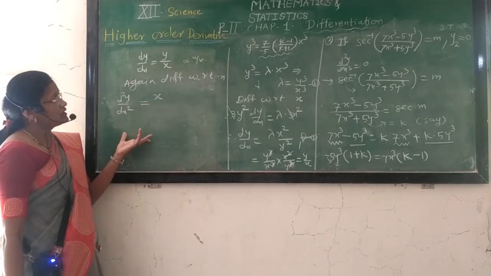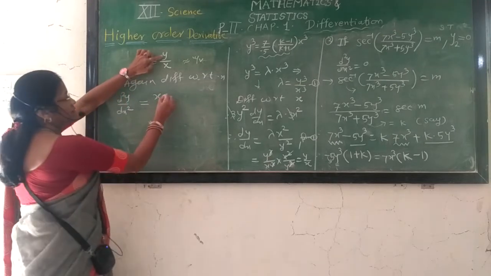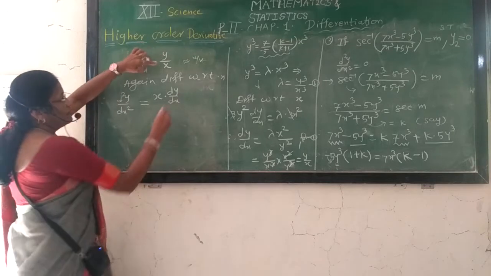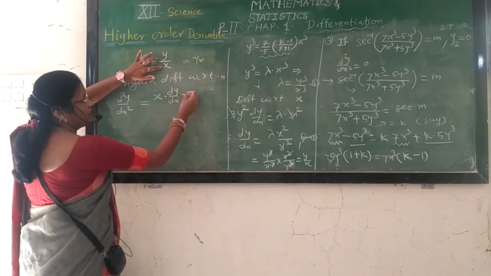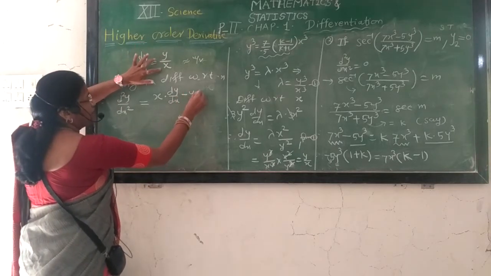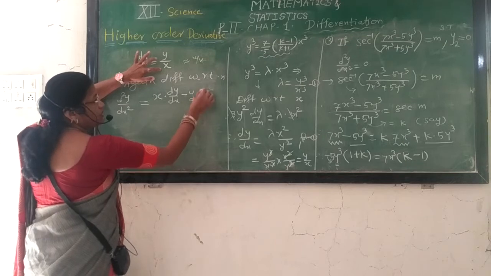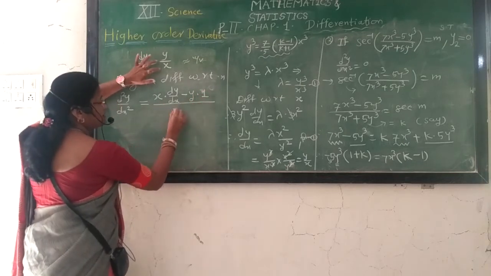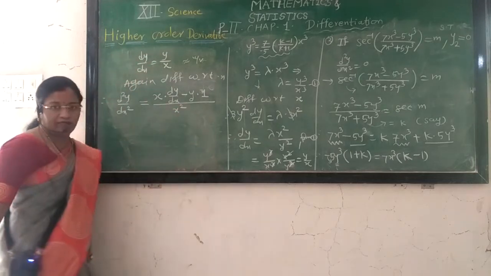By applying the quotient rule, x times derivative of y with respect to x, which is dy by dx, minus y times the derivative of x with respect to x, that is 1, and the whole divided by v square, here we take x square.